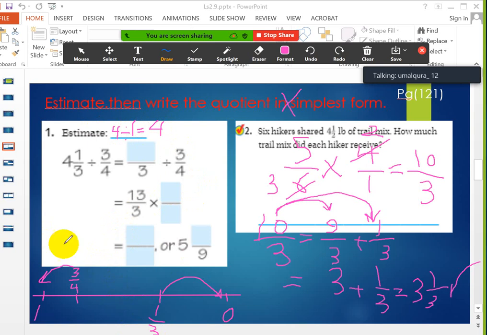Now I want to divide the mixed number 4 and 1 over 3 by 3 over 4. Let's choose a girl to help me. Yes, Arwa, could you please open your mic? Arwa? Arwa, could you please open your mic?